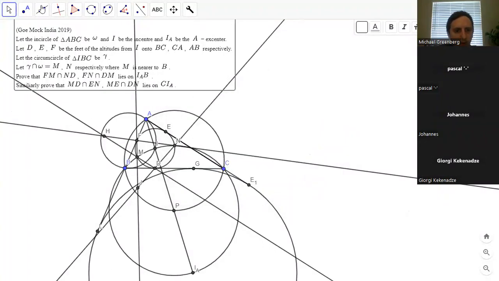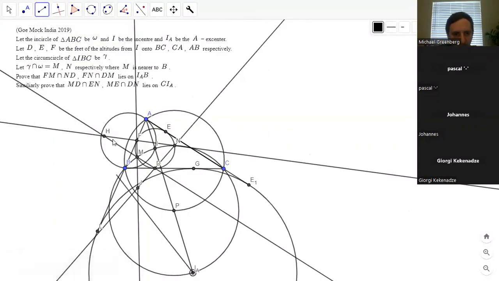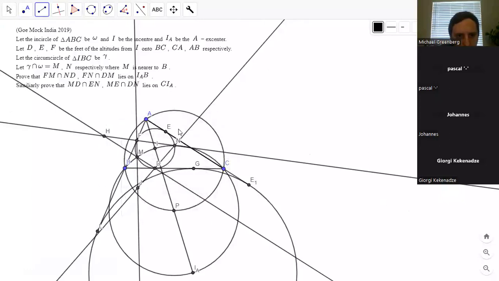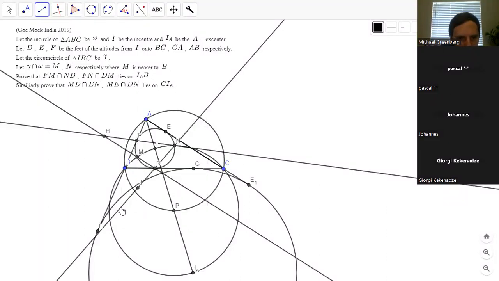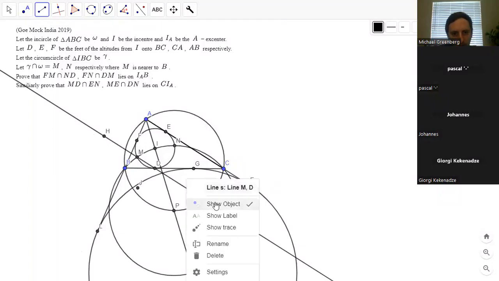So yeah, it's really to show that both of the points lie on that. Okay. All right, so I'll delete this circle. Let me hide a couple things so it doesn't look so bad. It's probably a similar proof for one versus the other, I'm assuming.